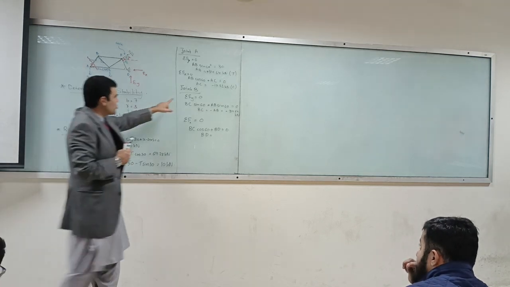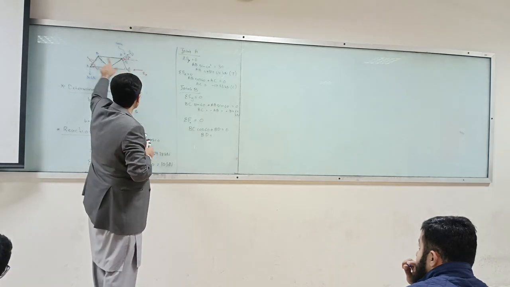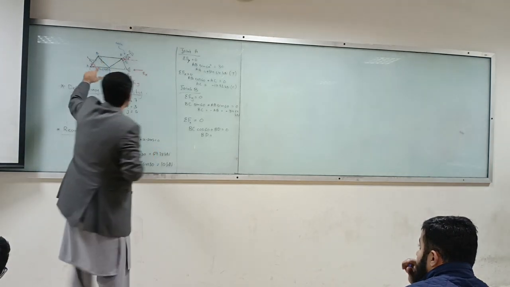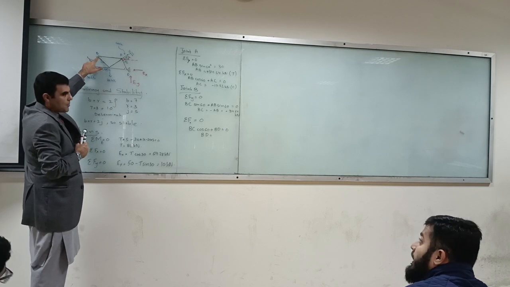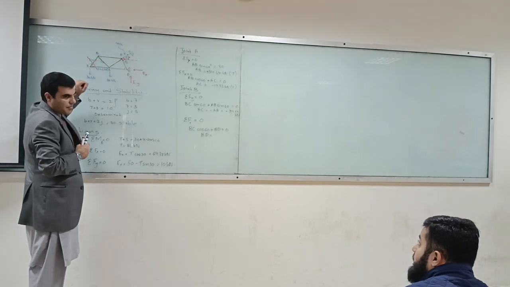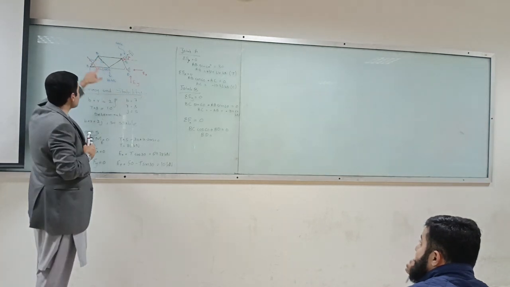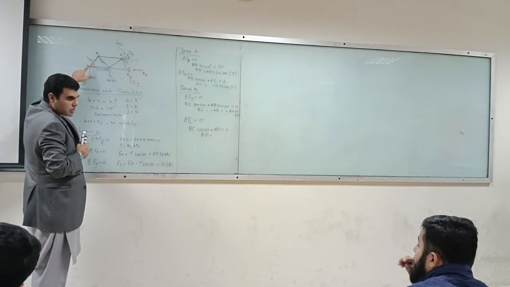Yes, but in joint B, we have got three members, isn't it? Yes, sir. We have got BC, BD, and AB. So when we are taking summation of Fx, we have to take AB also.